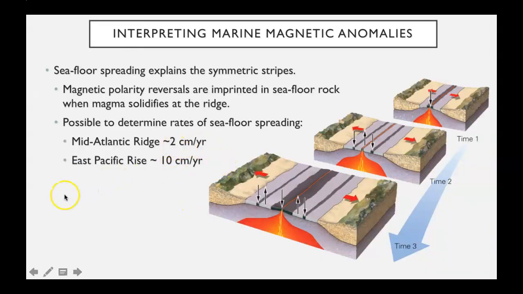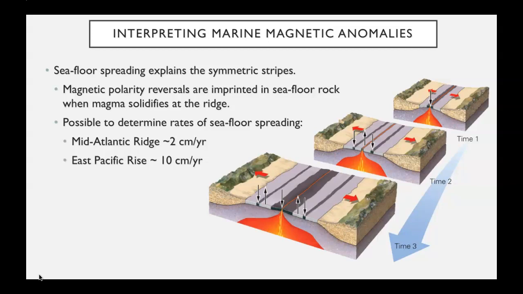Okay, here is what it looks like again. We have furthered the use of these magnetic anomalies by measuring the distance that the stripes move away from the ridge. If you know the distance and you know the age of the rocks, you can start to calculate the rate of plate motion.